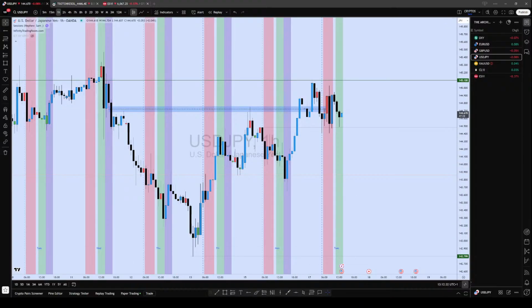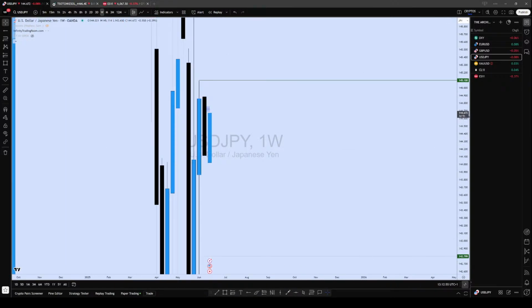That would be the criteria that I'll use for a potential sell on the dollar yen. So maybe just wait a little bit, because I like the fact that Monday rejected and went up. It went up, and then Tuesday also went slightly above it and then rejected. That's a good condition for a potential sell for the week, right?